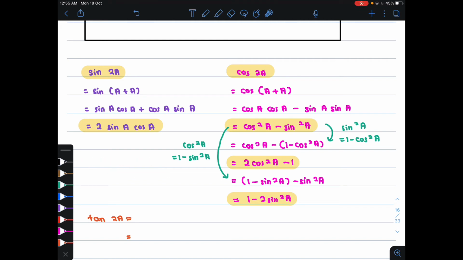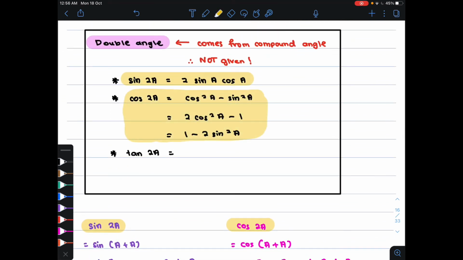So basically, for cos 2A, there are 3 formulas, which is this one, this one, and this one. So that's the formula of cos 2A.